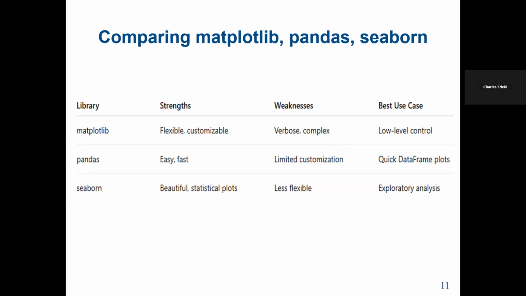Weakness is limited customization. The best use case will be quick data frame plots. Seaborn is very beautiful, and we say it is best for statistical graphics and EDA. It is less flexible.